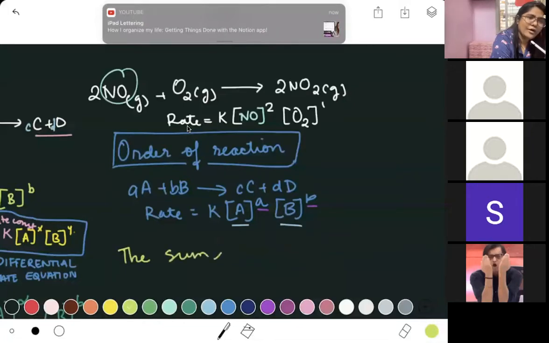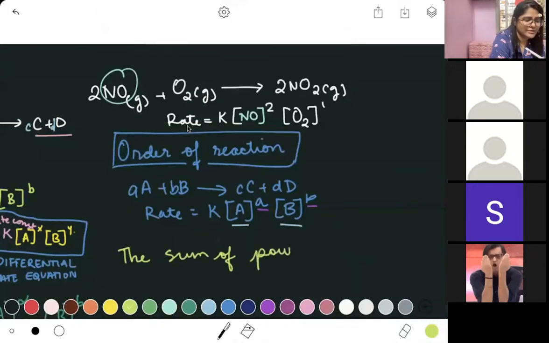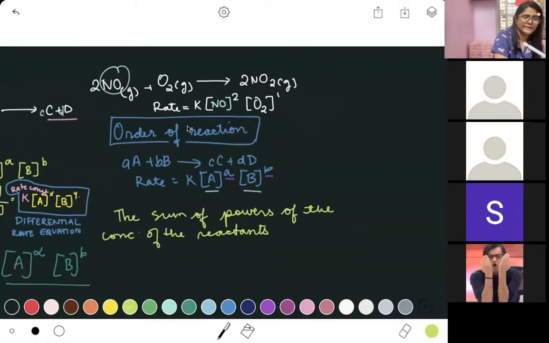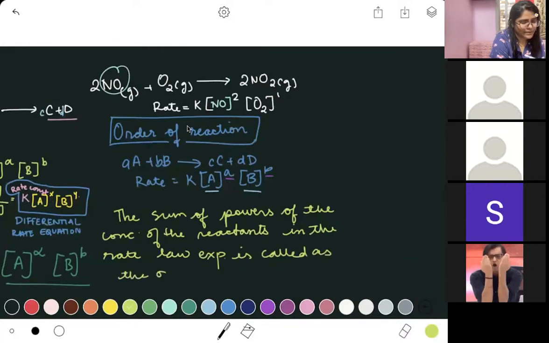The sum of powers of the concentration of the reactants in the rate law expression is called the order of the reaction.